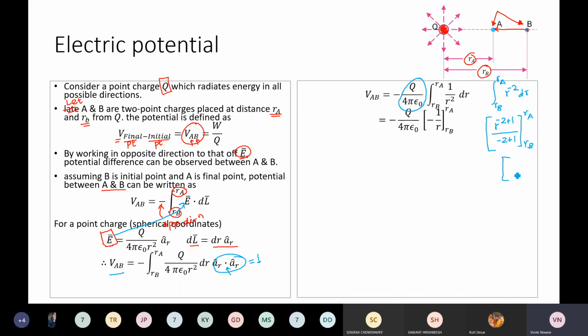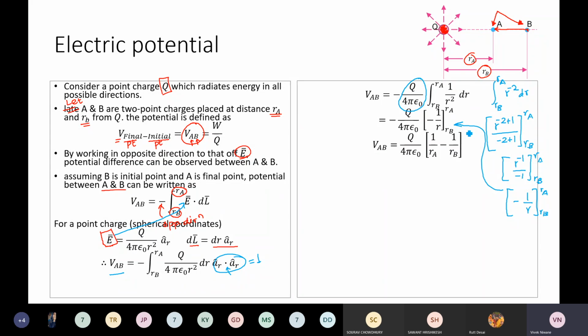So this gives us R raised to minus 1 upon minus 1, RB to RA, which I can write down as minus 1 upon R, RB to RA. So this is what we have written over here. Okay.